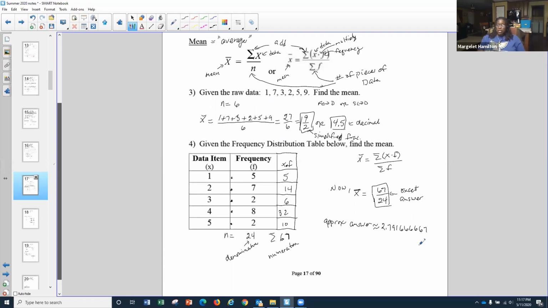Now this is where they can start asking you to round your answer or approximate it to a certain place. So if they want you to approximate it to 2 decimal places, then 2 decimal places would be the 9, right?